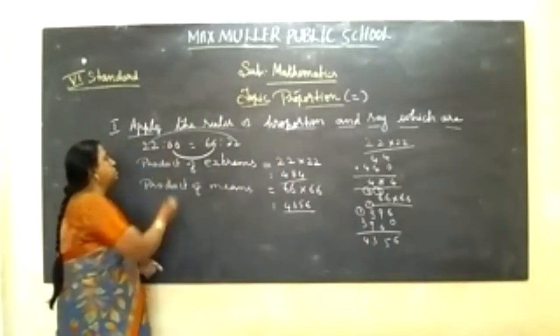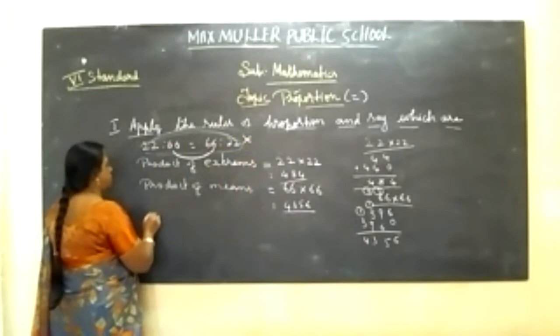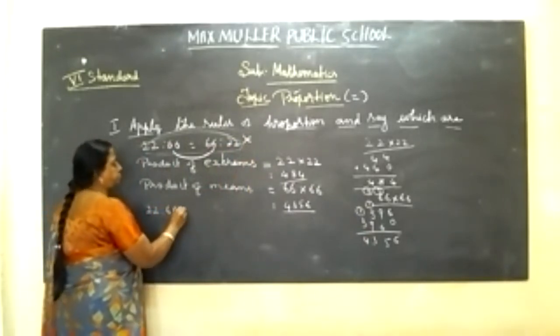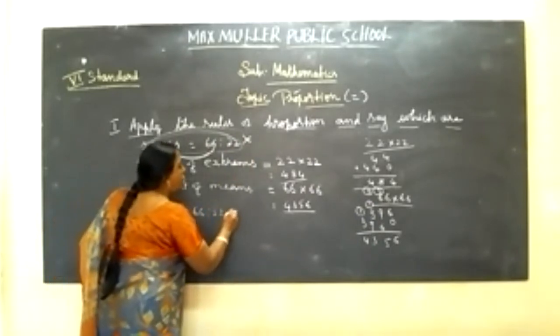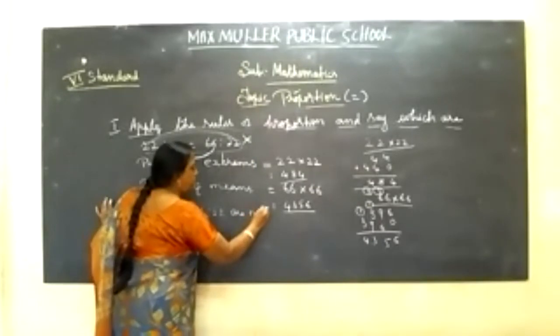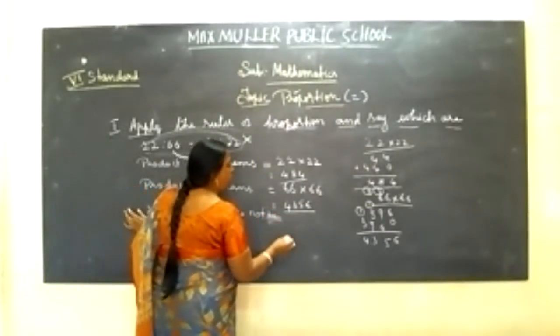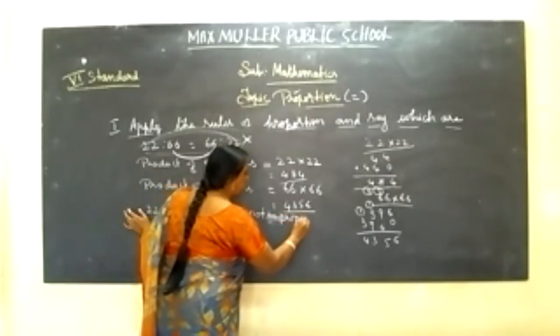So these terms are not in proportion. So you can write 22 is to 66 and 66 is to 22 are not in proportion. Why not in proportion? Because their products are not equal.